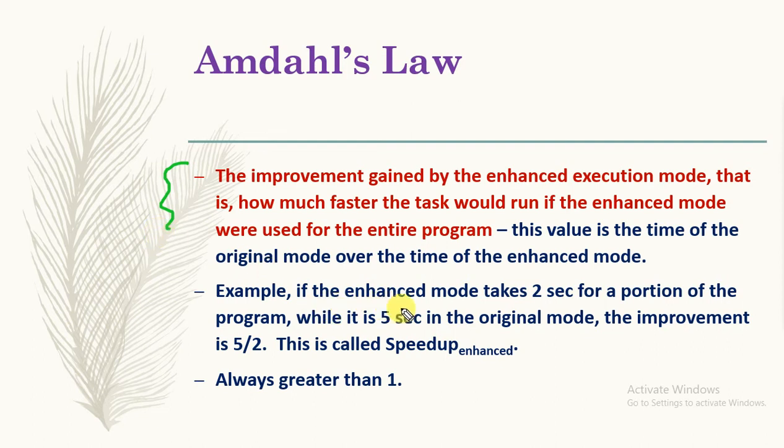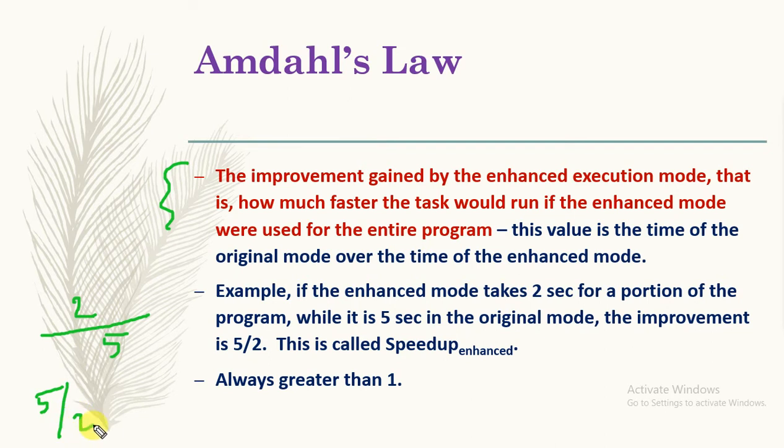If the enhanced mode takes 2 seconds for a portion of the program while it takes 5 seconds in the original mode, then the improvement will be 5 by 2.